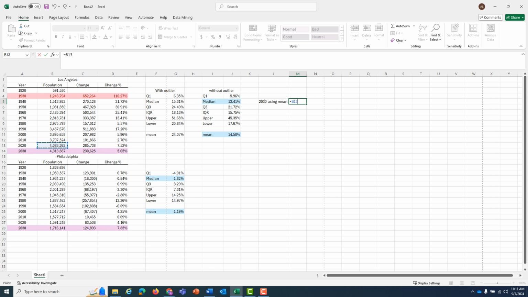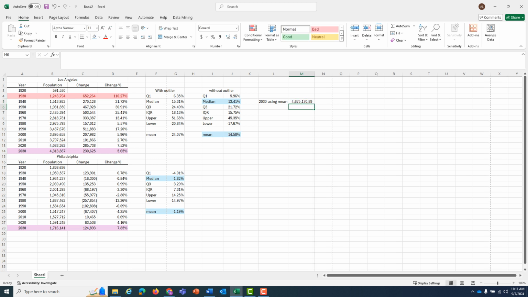So I can take that 2020 number that I already have highlighted, equals that number, and multiply it by, in parentheses, 1 plus the mean rate of change. And that comes out to a little over 4,675,000. Again, we don't need decimals because you can't have partial people, so I'm just going to reduce that decimal down to 0. There we go, get it out of the way.